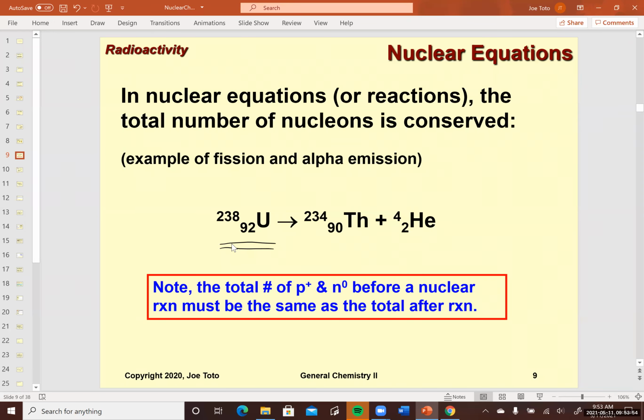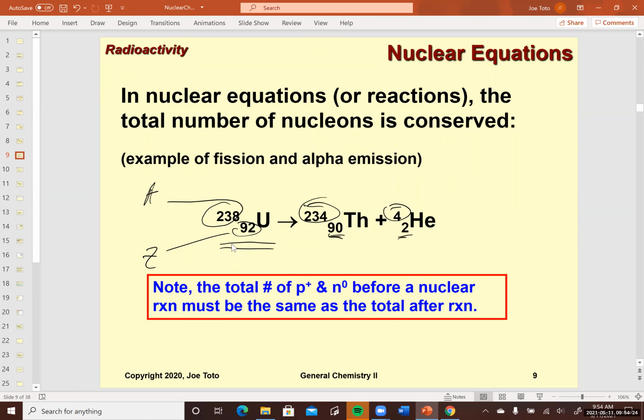So I have my mass number, or A, here, and I have Z, or the number of protons, here. We'll notice that for the particles they create, thorium and helium, if I add up the Z's and add up the A's, then you see that everything's conserved.